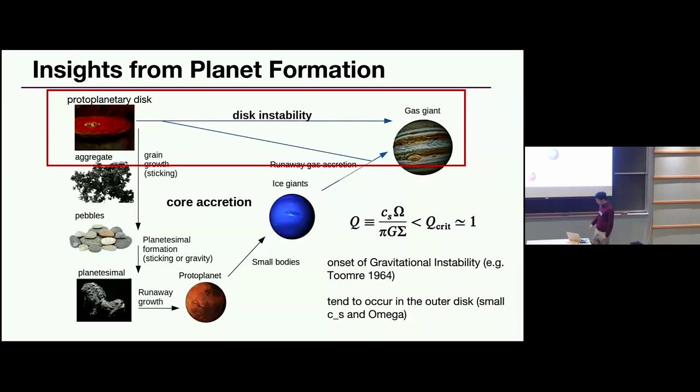While the dust sticking channel is very slow and particular to the environment of protoplanetary disks, the disk instability channel is very quick and generally applies to any sort of rotating disk system when the Toomre Q parameter is below unity, whether around a supermassive black hole or a stellar mass black hole.